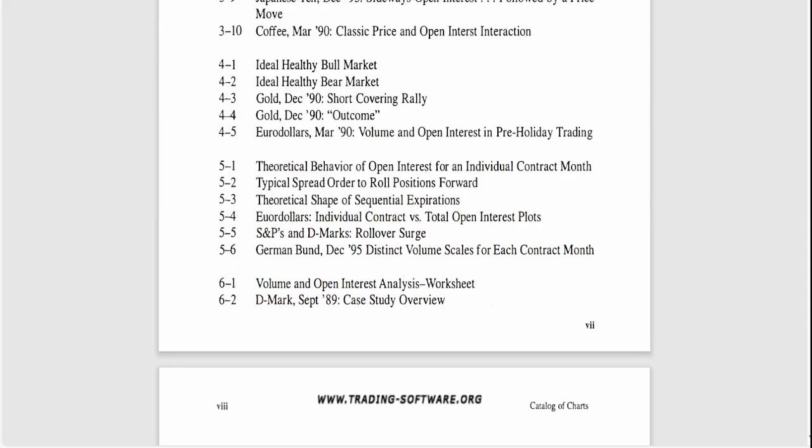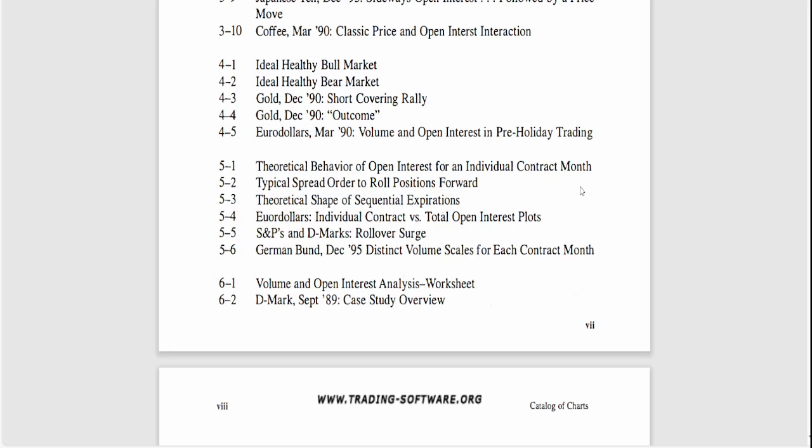Those are the most important chapters, but you have to read this whole book 2 to 3 times and understand it. If you understand this book, only this book, very carefully, you will have a very powerful edge on the market. You will kill the market.